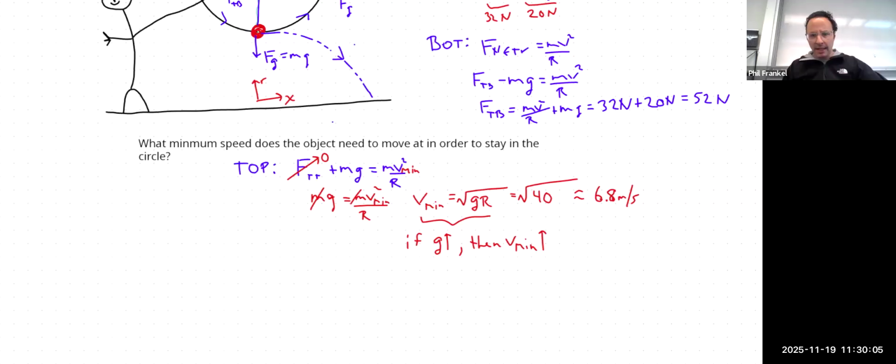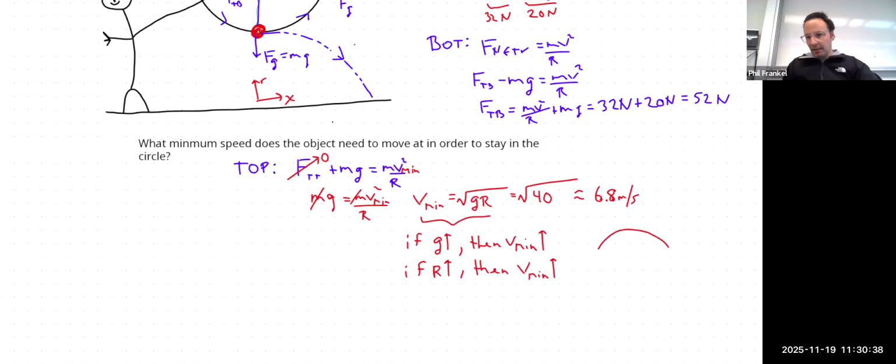Also, if the radius of the circle were made larger, if capital R were made larger, then the same thing would happen. The minimum speed would have to be adjusted upward to keep the object moving in a circle. See, if an object is moving around a circle like this, it's actually easier to keep the object moving in a circle of that sort.